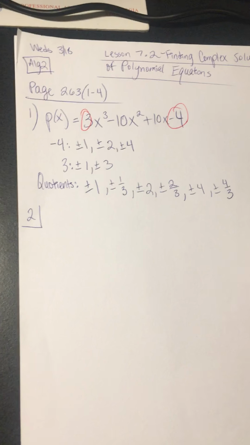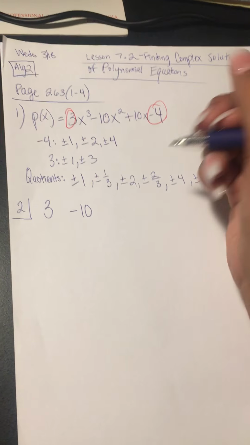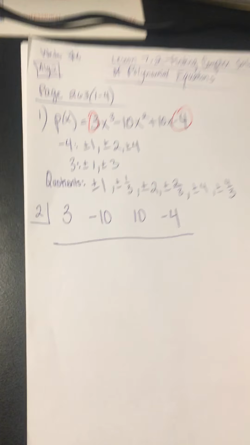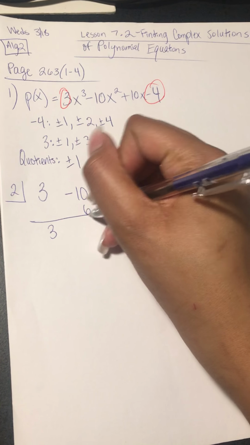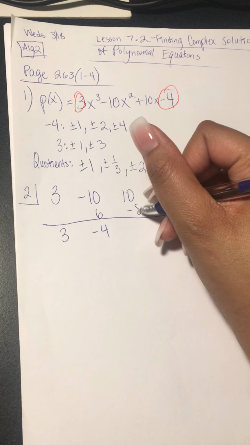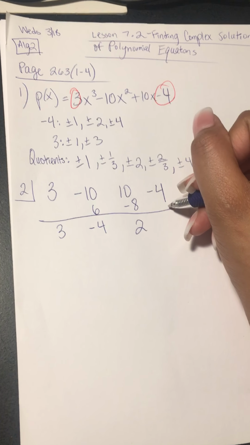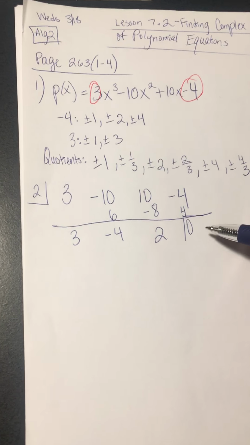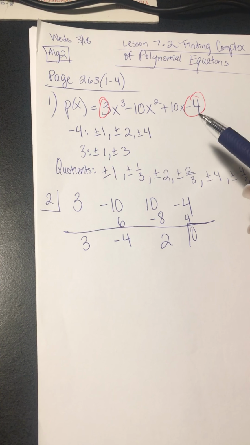Use the coefficients of the dividend, no variables, and perform synthetic division. So because we have a remainder of 0, then we say that 2 is a 0 of the polynomial function.